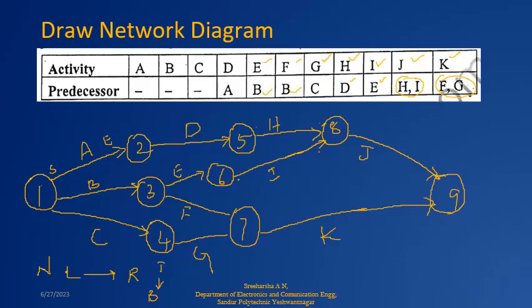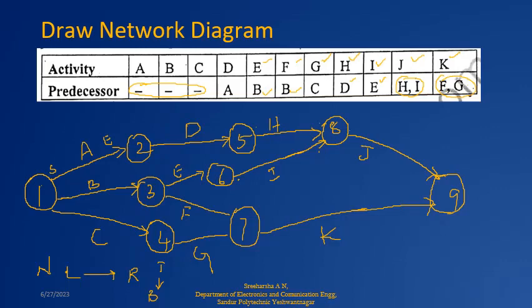So let me repeat. When you start with this, please observe there are 3 activities which are not having any preceders, or previous activities. So this time we will start with the starting node, the first node, when the project starts.